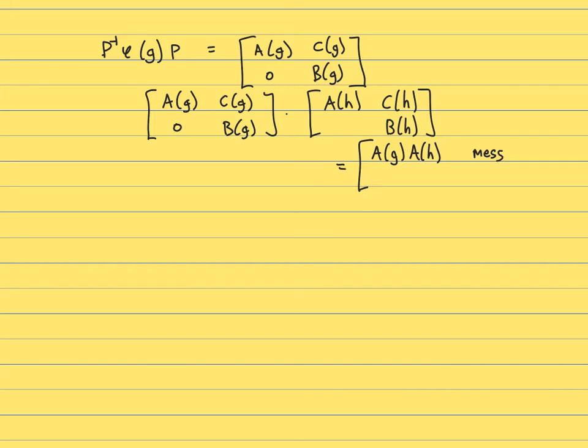That upper right corner is going to be very messy, but the lower right corner is still going to be BG times BH. So you still have a sub-representation.